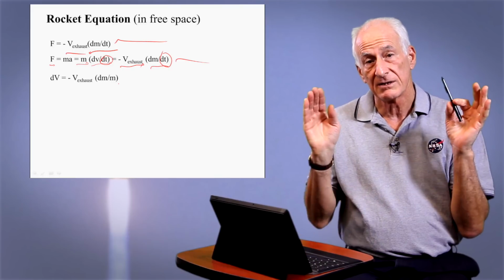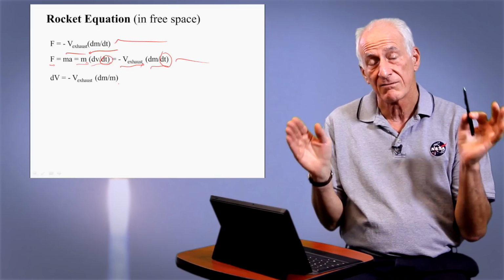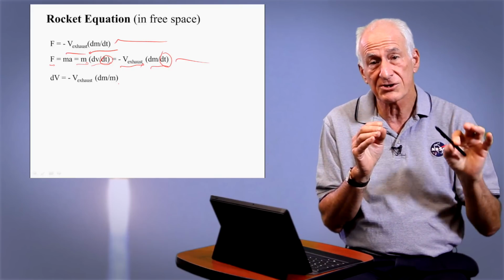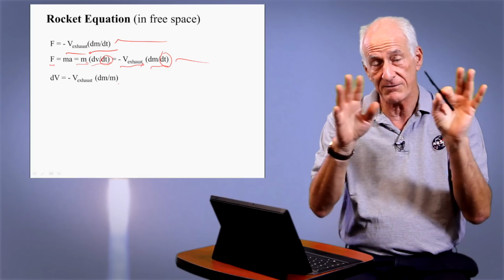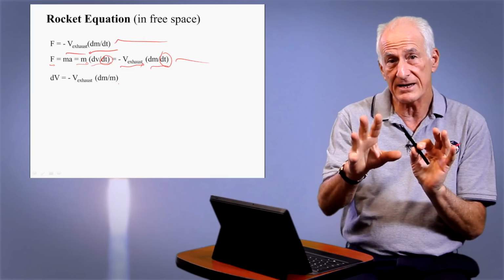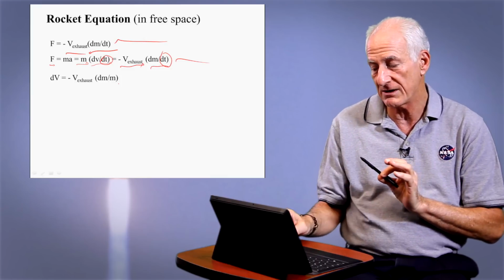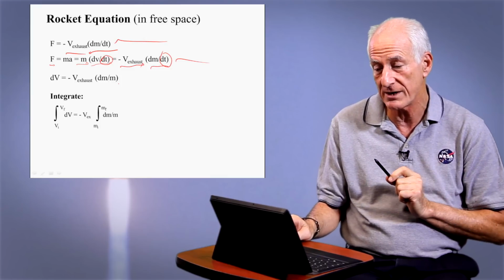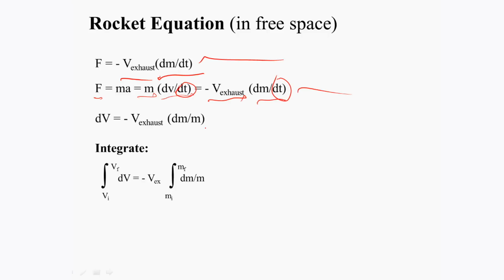Now, let's integrate from the initial state to the final state. And again, if you haven't had calculus and you can't follow this, hang in and come back and look at the final conclusion, because it's really quite important. So we're going to integrate from the initial velocity to the final velocity. On the other side it's from the initial mass to the final mass.